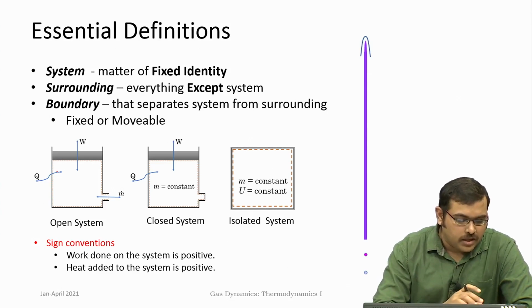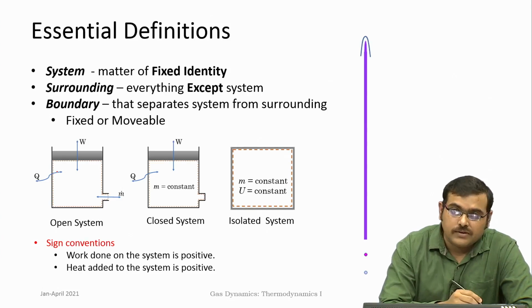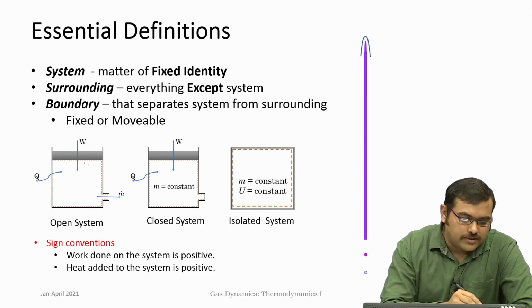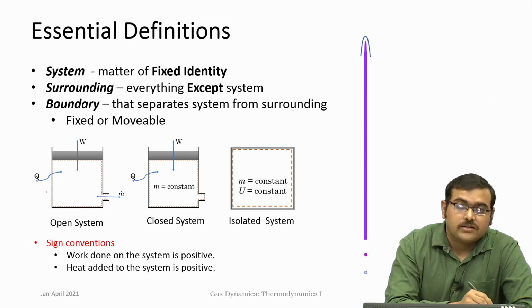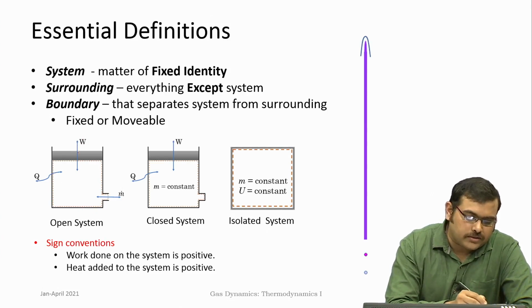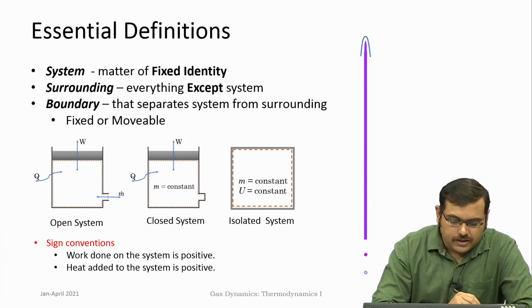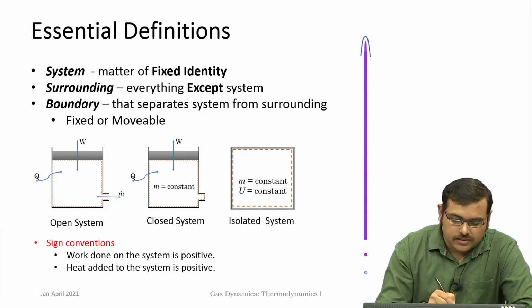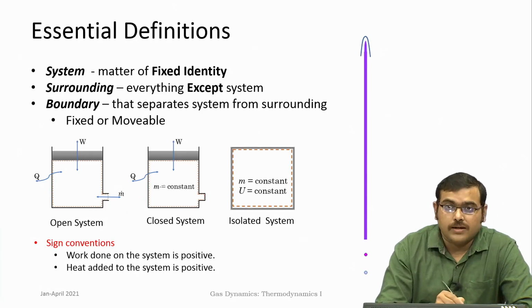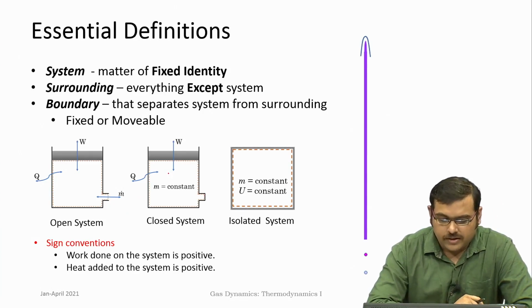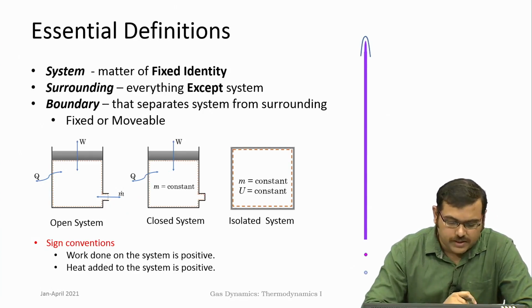In an open system you can have exchange of mass into the system, and of course there is an exchange of heat and work across the boundaries. In a closed system there is no exchange of mass, only work and heat, while if no work or heat is being exchanged, then you have an isolated system.